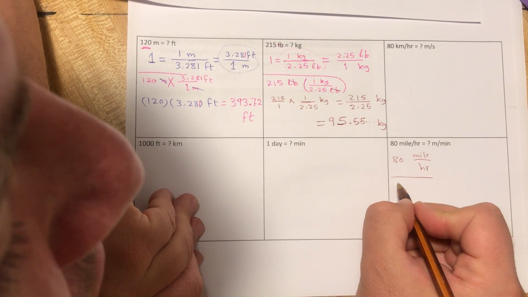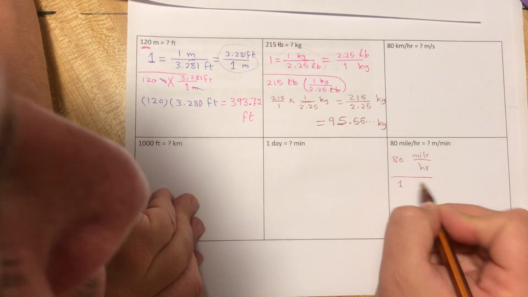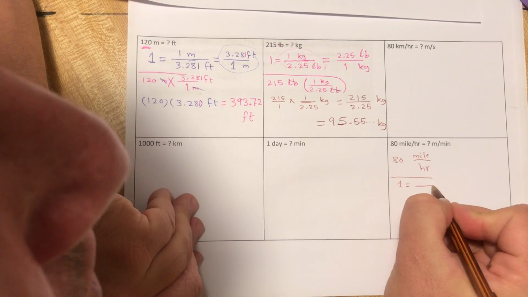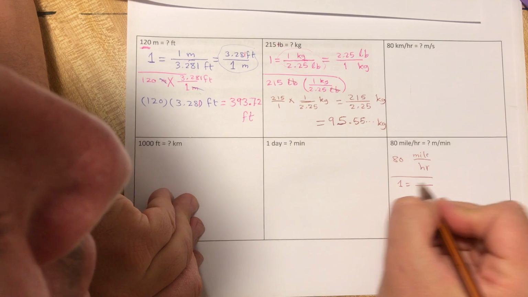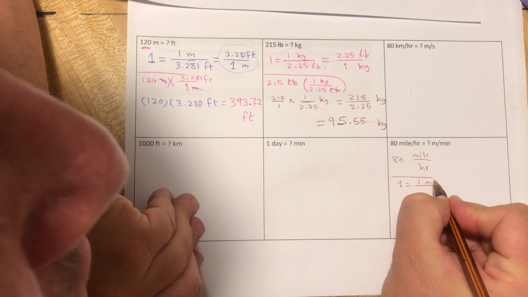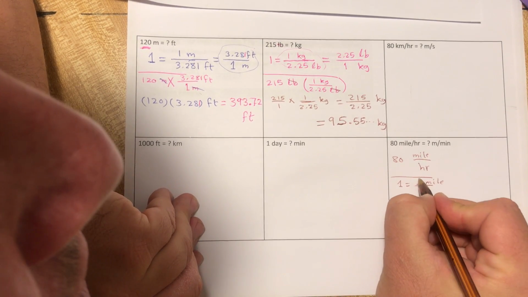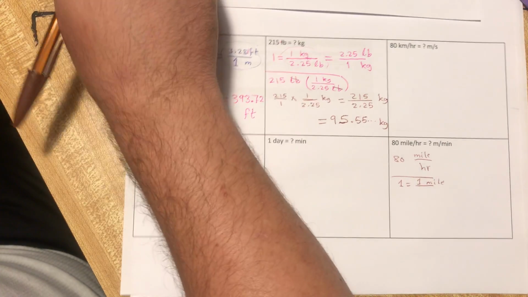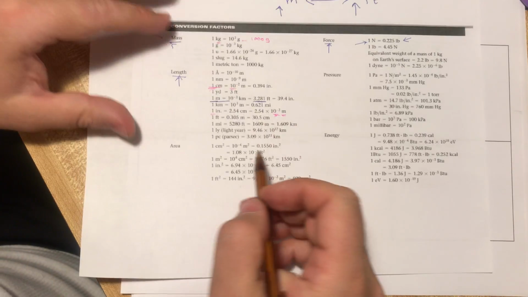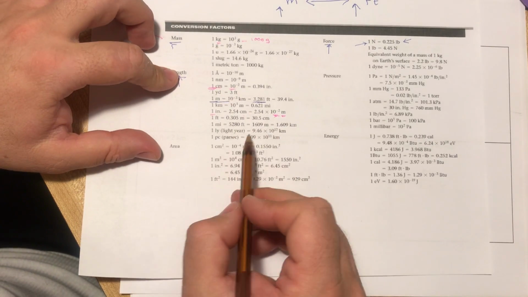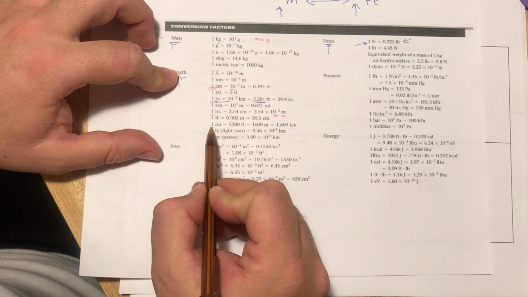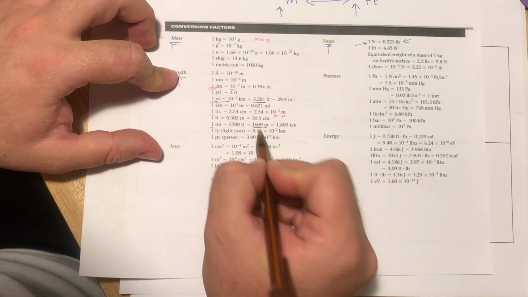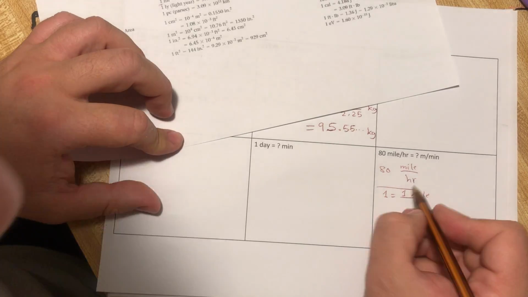Okay, each 1 mile, or I can put the conversion factor this way. 1 mile is equal to 1609 meters. Where's the length? This is the length. Where's mile? This is mile.